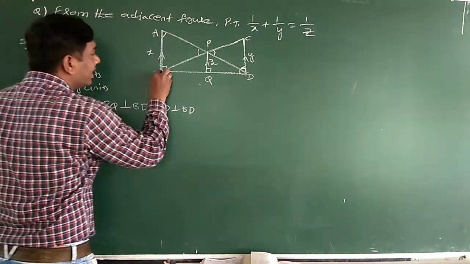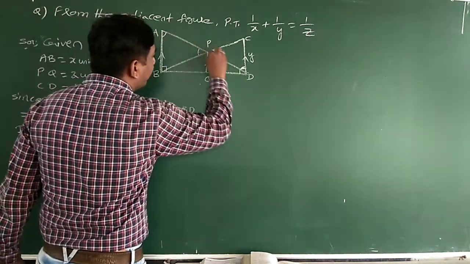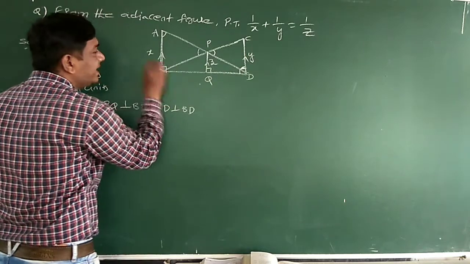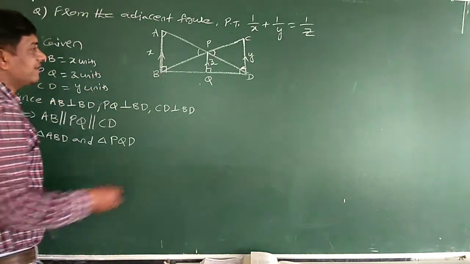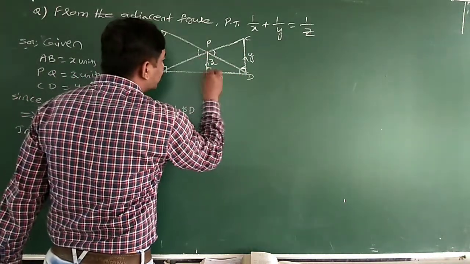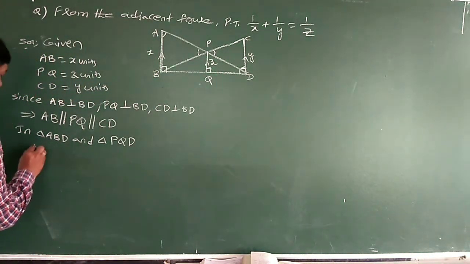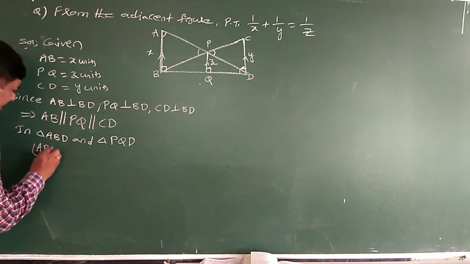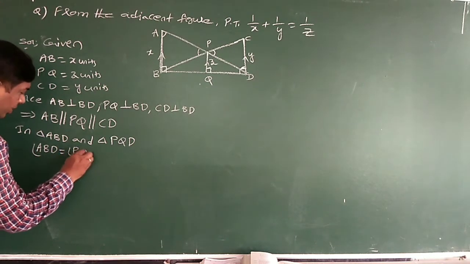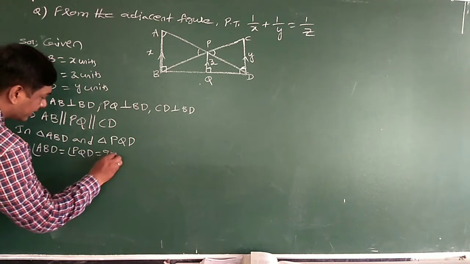In triangle ABD, angle B is 90 degrees, as well as in triangle PQD, angle Q is 90 degrees. Am I right? Angle ABD is equal to angle PQD is equal to 90 degrees.